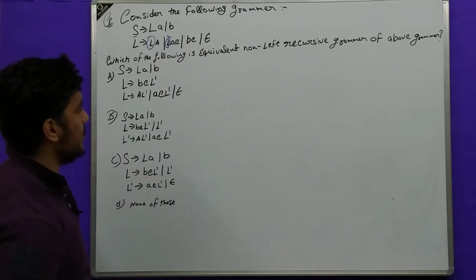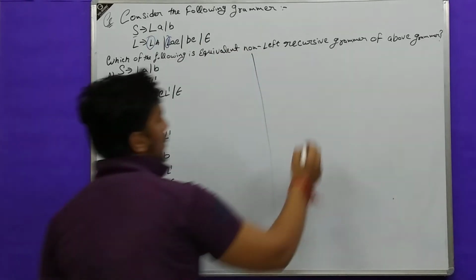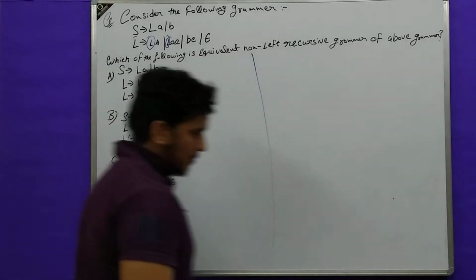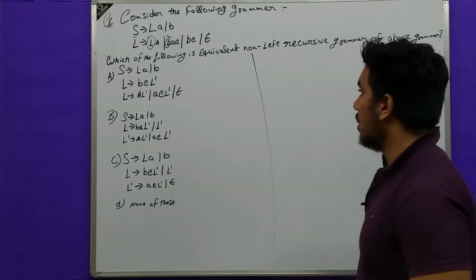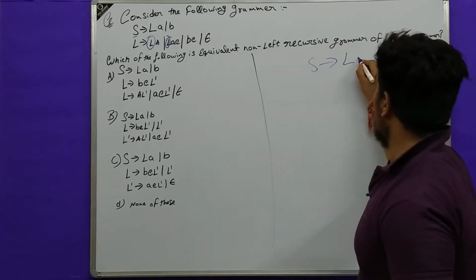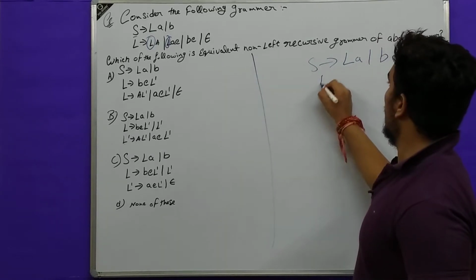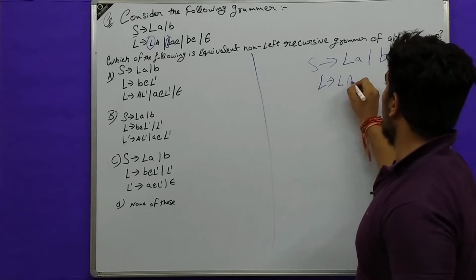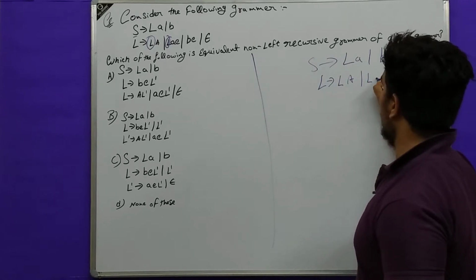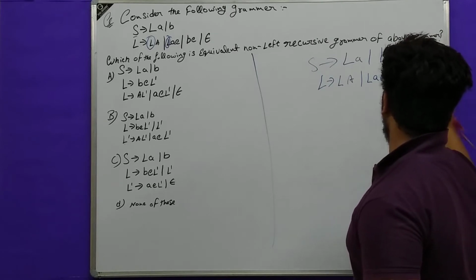Okay, let's do it here. Now please note it down. S goes to L A or B, L goes to L A or L A E or B E or null.